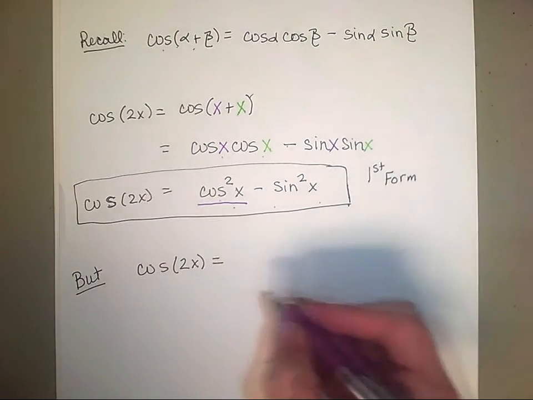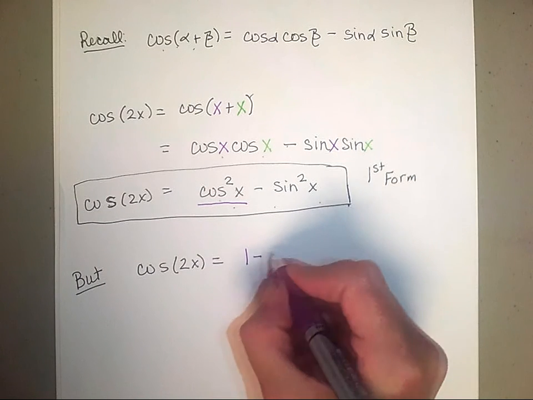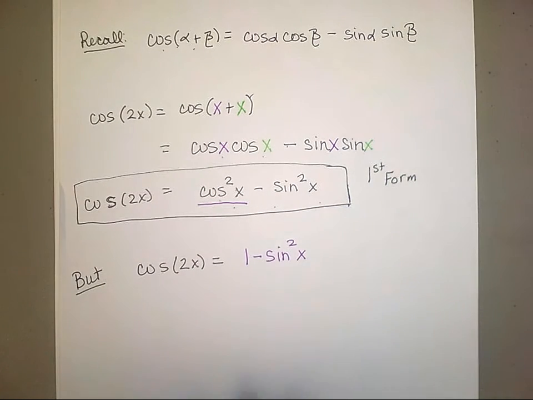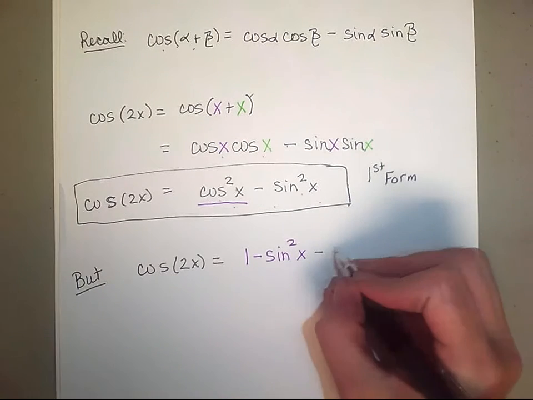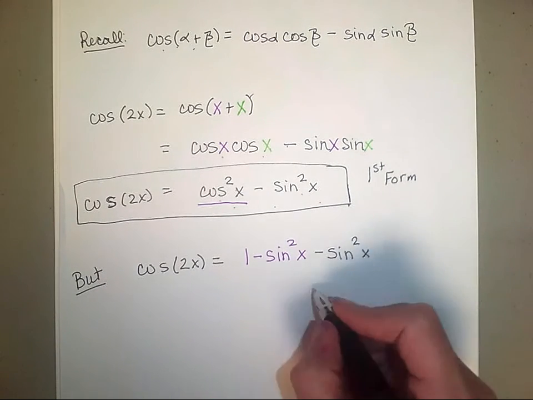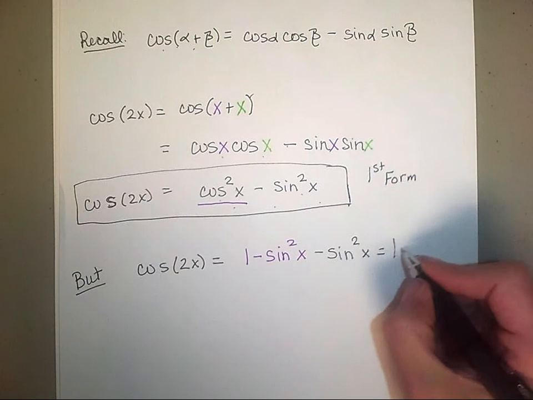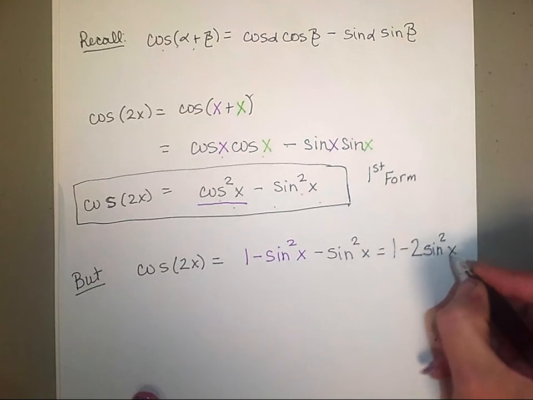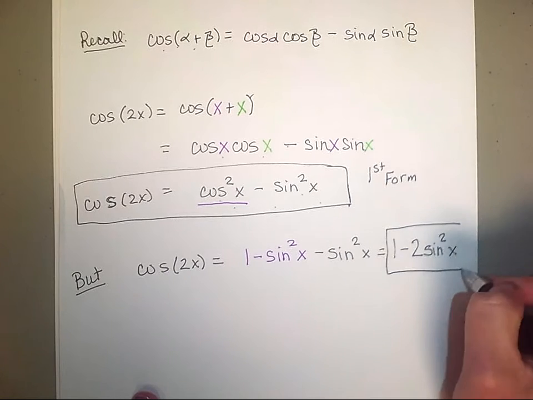We know, using the Pythagorean identities, the cosine squared is 1 minus sine squared. And then still subtract off the sine squared of x. And we would get a second form, which is 1 minus 2 sine squareds of x.